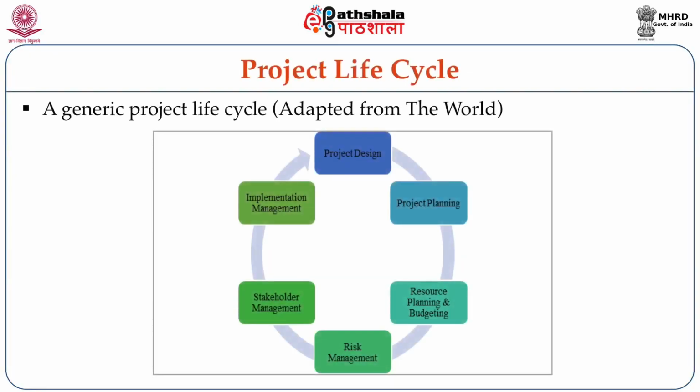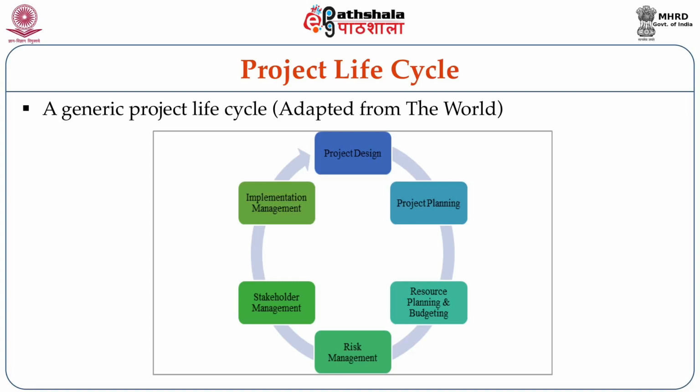So the generic project life cycle is like this. You develop a project design. To develop a project design, you do project planning. You are looking at resource planning and budgeting, because according to the plan you need to develop a resource plan and look into the budget aspect of it.